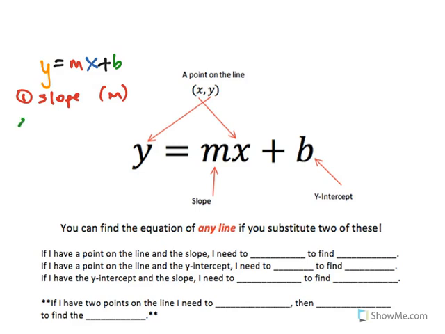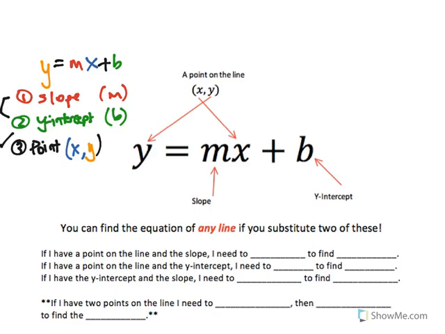We have slope, which is m, the y-intercept, which is b, and a point on the line, which is x, comma, y. And if we have any combination of these two, we can use it to find the third.